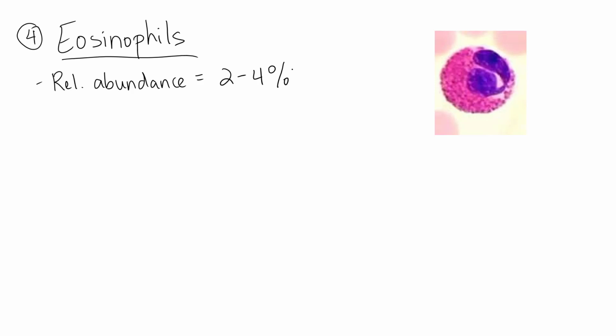So one of the things you notice about the histology of the eosinophil is that it does have a large bilobed purple nucleus, a lot like everybody we've seen so far.